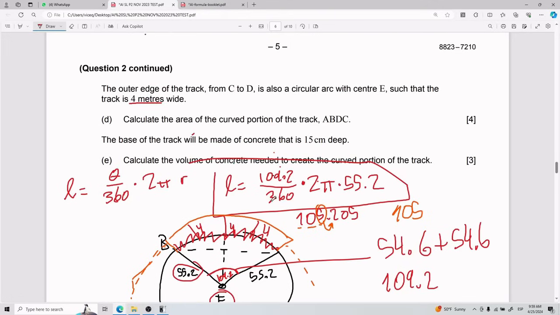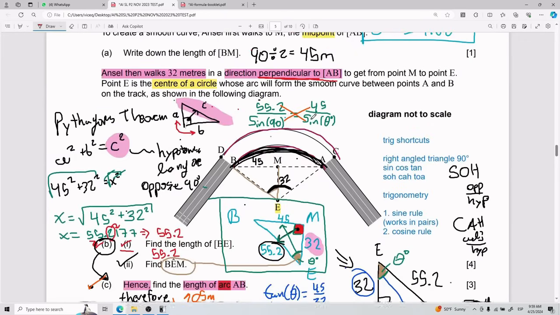And we calculate the area of this curved portion of the track, A, B, D, C. So let's go back to the original diagram because it's what has the most information. So technically, they want to find the area that is A, B, D, C. So it's going to be all of this, okay?